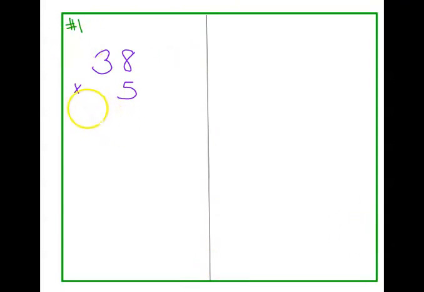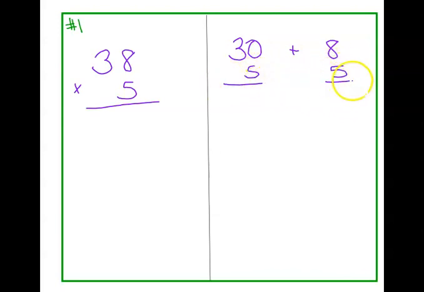So 38 times 5. If we break the number 38 into its place parts, we have 30 plus 8 makes 38. We're going to multiply both of those by 5, and we will add the answers together. So just bring that plus sign down, and we'll be adding this and this together to get the same answer as we're getting over here.